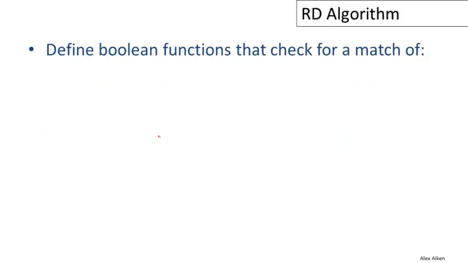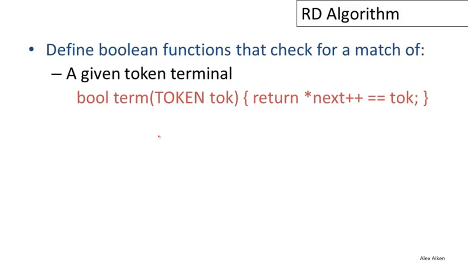So let's begin. The first thing we're going to do is define a number of Boolean functions. One function we have to define is one that matches a given token in the input. So how does this work? Well, it takes as argument a token, which is of type token again, and then it just checks whether that matches what's currently pointed to in the input stream.